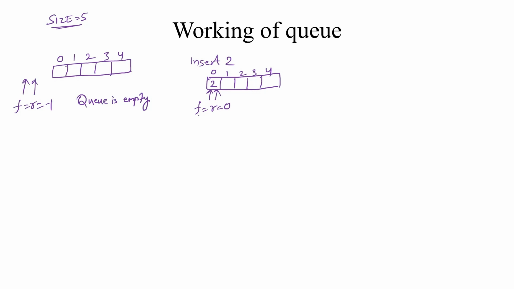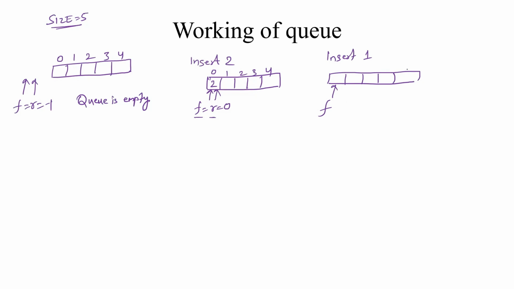So the first time you insert an element into the queue, you have to take care to increase both the front and rear values. From the second time onwards, we just increase the value of rear only. So if I insert the next value, let's suppose I want to insert 1, I'm only going to increase the value of rear. Front will remain here.